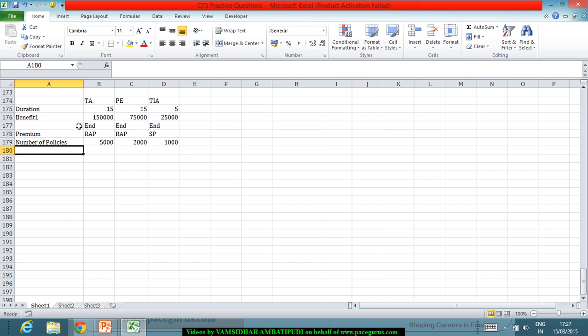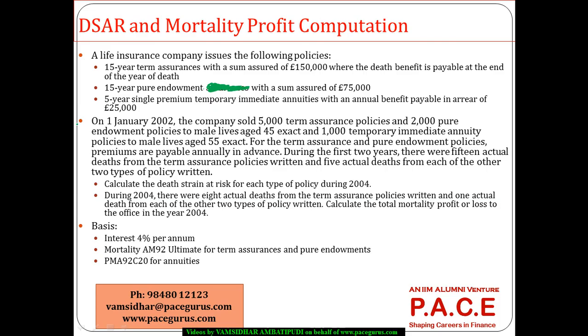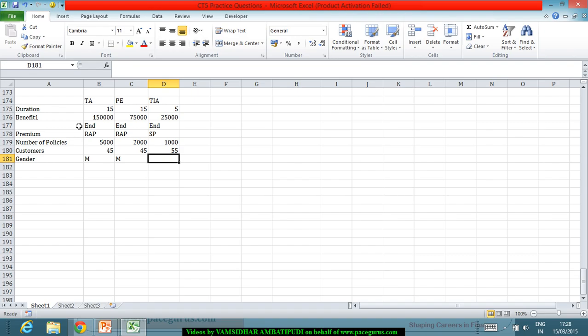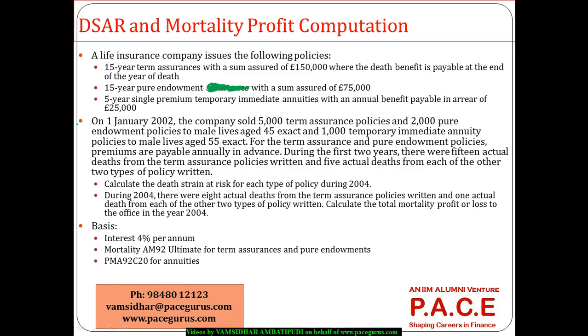Here the customers are 45-year-olds, whereas for the annuity it's 55-year-olds. The customers are male lives. For term assurance and pure endowment, premiums are payable annually in advance, whereas for the annuity it's a single premium.